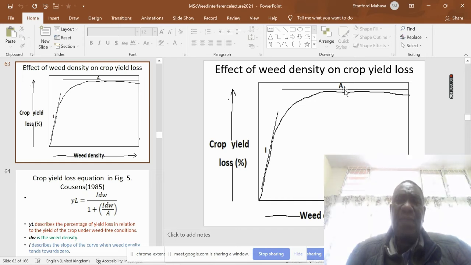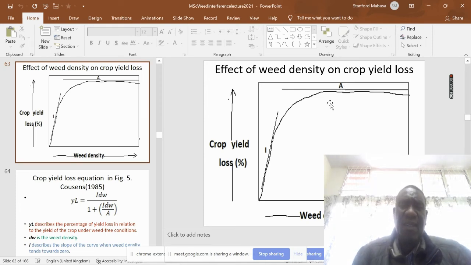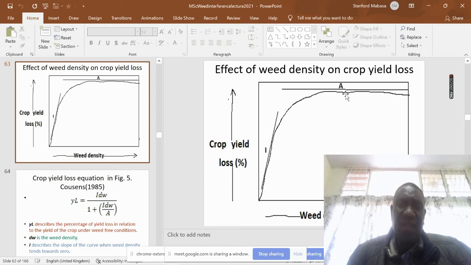If we repeat this experiment with several weeds, drawing these several graphs, we end up with several values, each weed having unique values of I and A. And we can simply compare these values and come up with the most competitive weed.